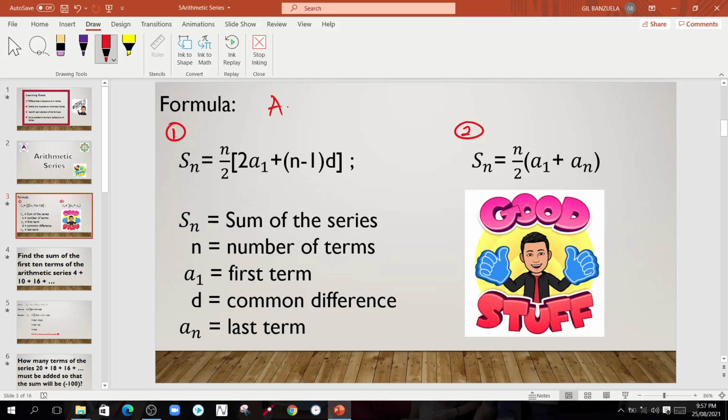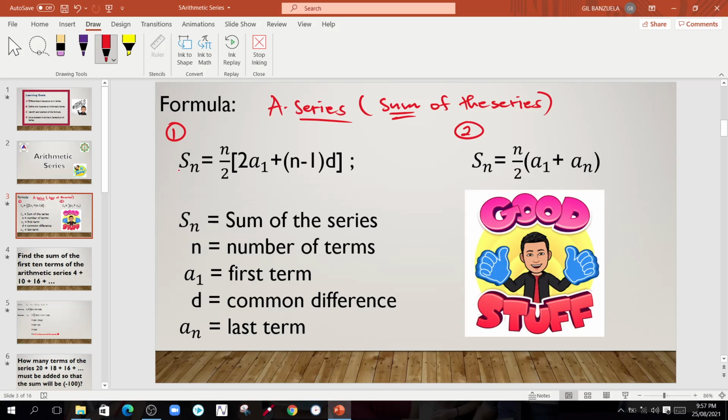Since we are in arithmetic series, we are looking for the sum of the entire series. Every time you hear or read the word series, we are talking about the sum.